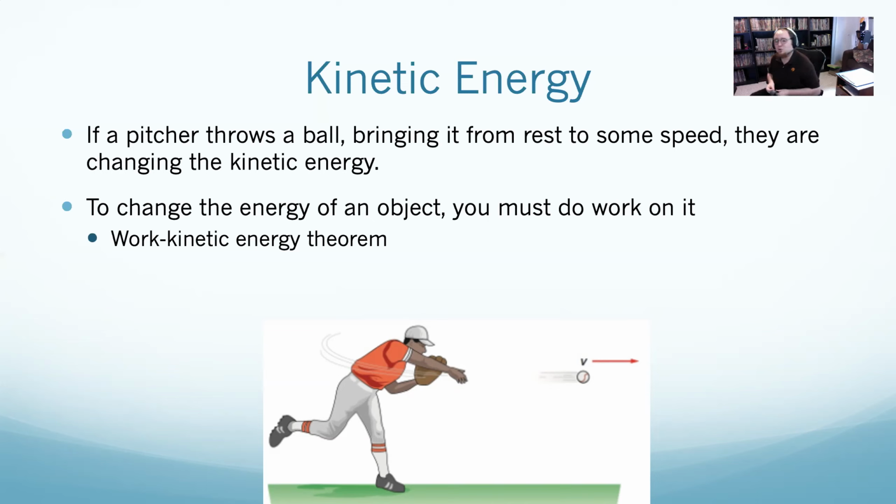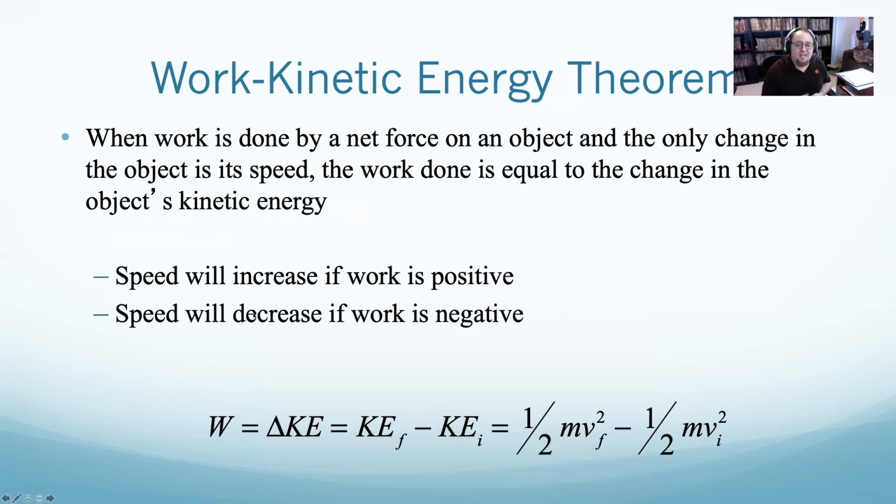But anytime you do work, you are changing the kinetic energy. And when you change the kinetic energy, that means it probably speeds up. The equation just says work is the change in kinetic energy: work is kinetic energy final minus kinetic energy initial, where kinetic energy is 1/2 mv squared.